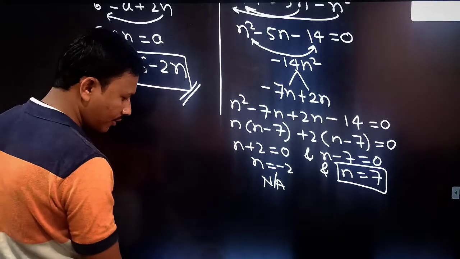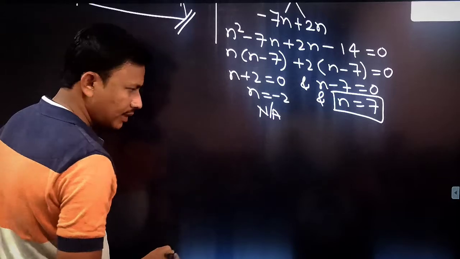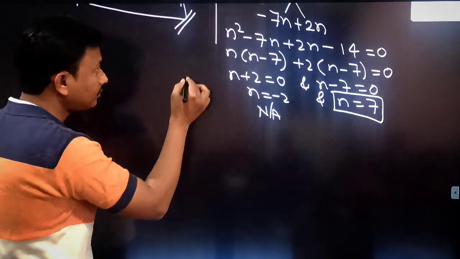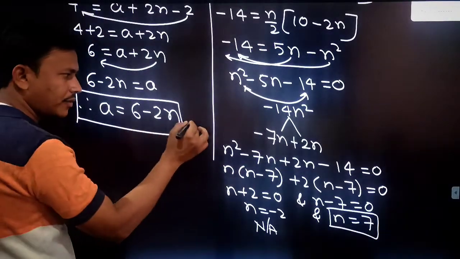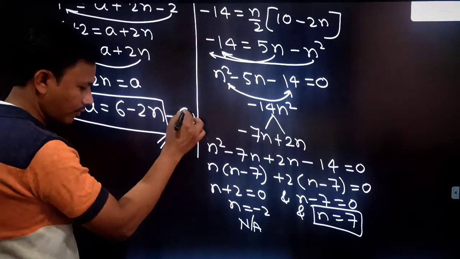We got the n value. What we need to find out? A. Correct? The a value is from equation number 1. That is a is equal to 6 minus 2n. Take this as equation number 1.